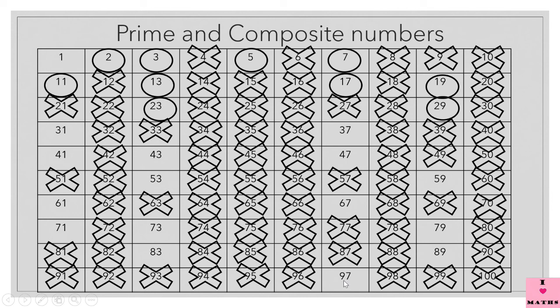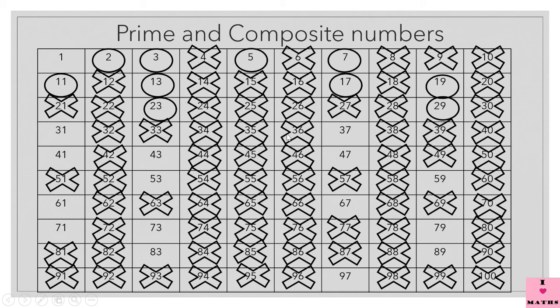All these are prime numbers. So when you are looking for prime numbers till 100, you just need to follow the steps till 29.